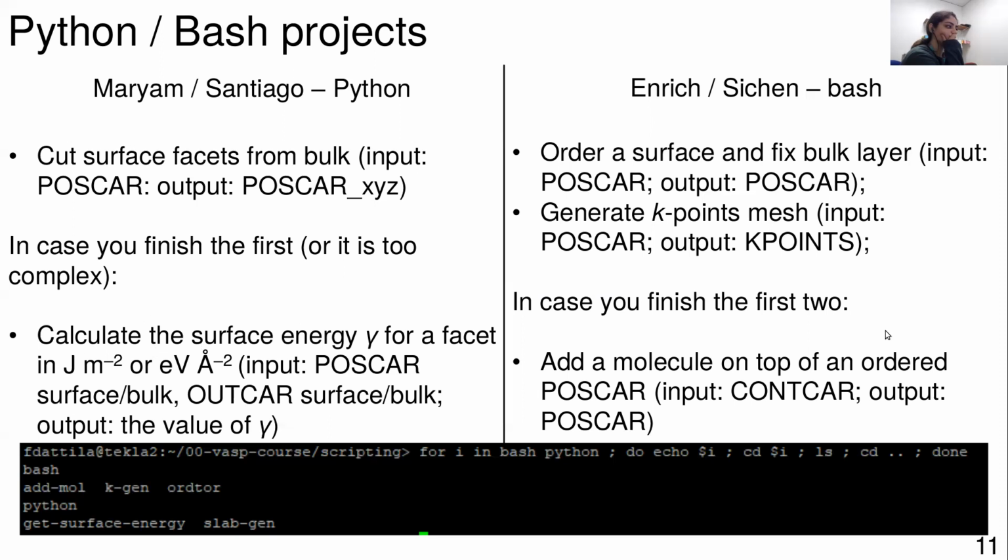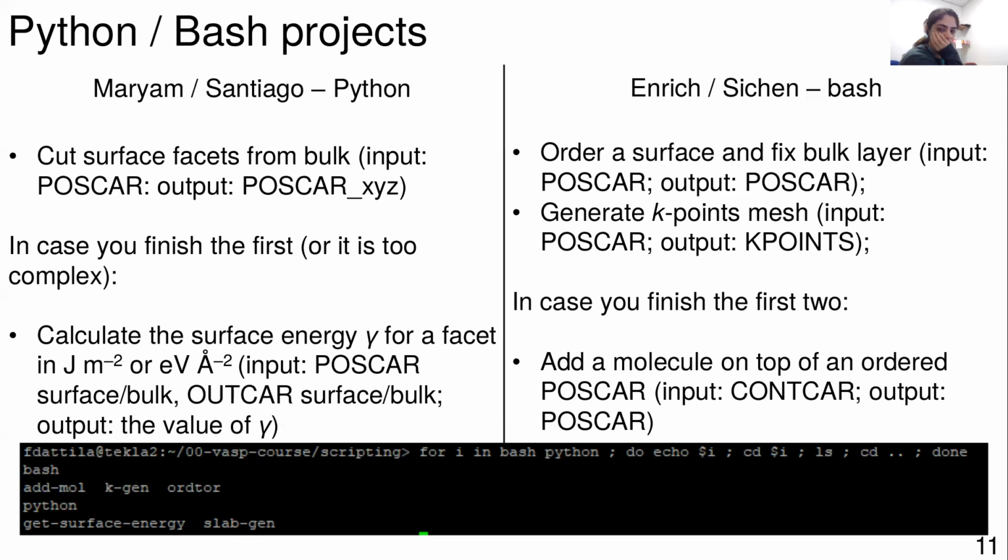Okay, and for Enric and Sichen, here is much more complex, so you can try. Here as input you have 2 CONTCARs, so you have the CONTCAR of the surface and the CONTCAR of a molecule. Okay, and the output should be a POSCAR, a structural file where you merge surface plus molecule, making sure that your molecule is on top of one of the atoms.